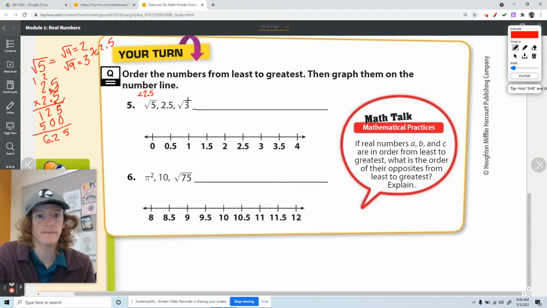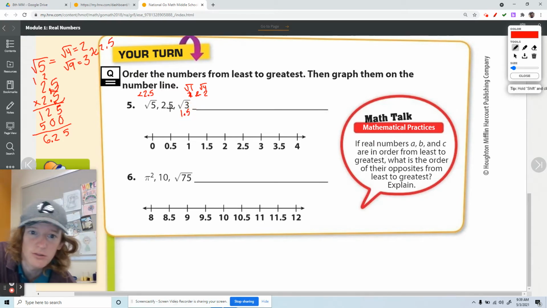The square root of 3 is in between the square root of 1 and the square root of 4. So it's in between 1 and 2. So as an estimate, this is about 1.5. This is less than 2.5. So 2.5 is going to be our biggest right here.